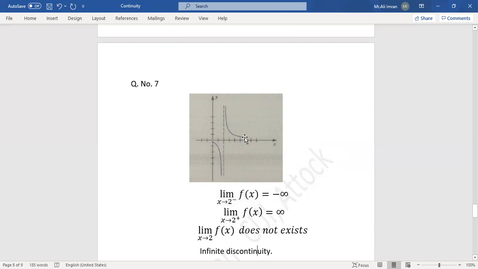Now you find the right hand limit. If we approach x equal to 2 from the right hand side, the function increases without bound, termed as positive infinity. As the left hand and right hand limits approach minus infinity and plus infinity, this type of discontinuity is called infinite discontinuity.